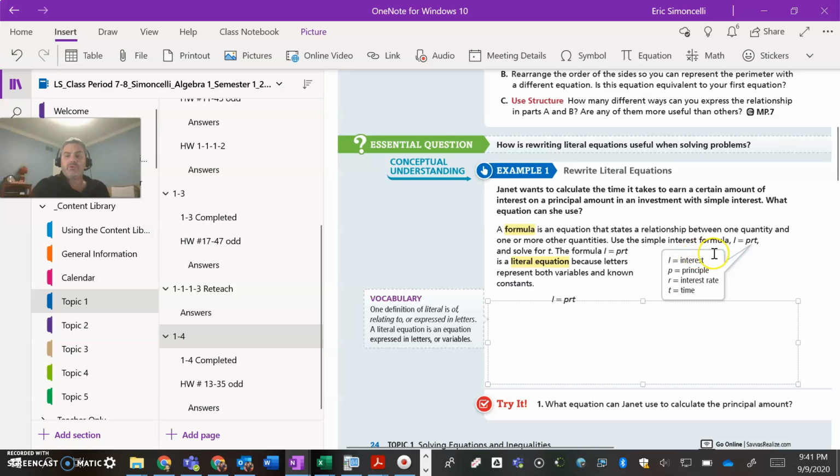Use the simple interest formula, capital I for interest, equals P principal times R interest rate times T time, and solve for T. The formula I equals PRT is a literal equation because letters represent both variables and known constants.